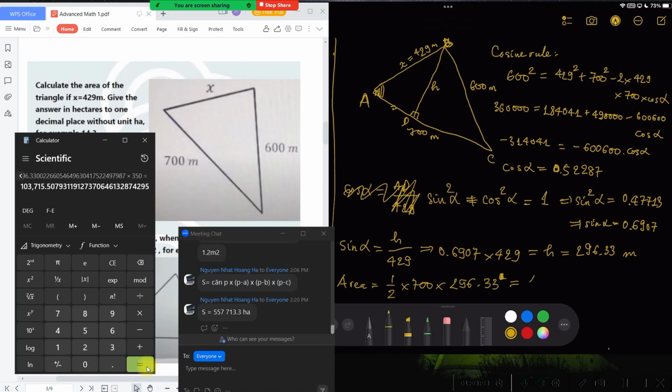Should get to 103,715.5 hectares. Interesting, I got a different answer. Maybe I did something wrong along the way, I don't know. Let's see. Probably did something wrong along the way.